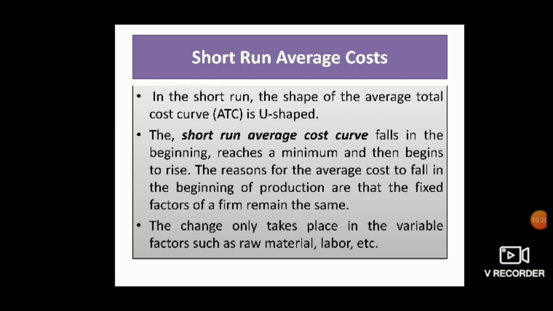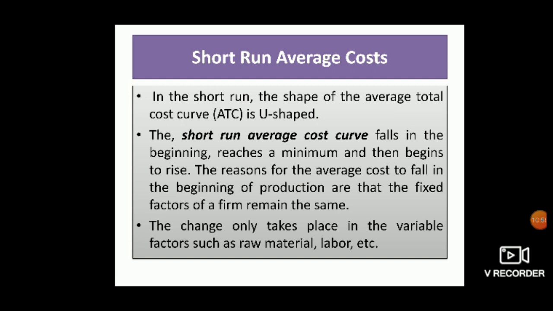Okay. In the short run, the shape of the average total cost curve, that means ATC, ATC and AC having the same meaning. And ATC is U-shaped. Okay, listen carefully. AC or ATC is U-shaped.